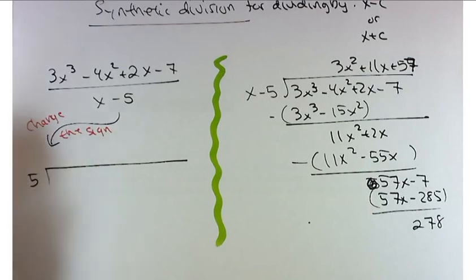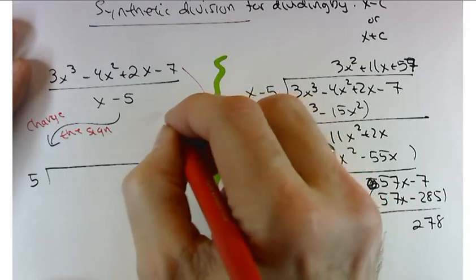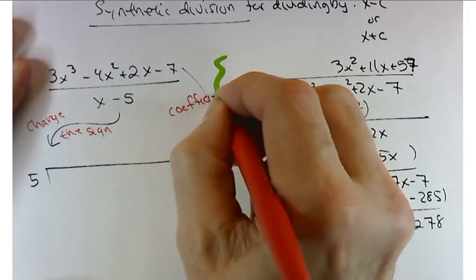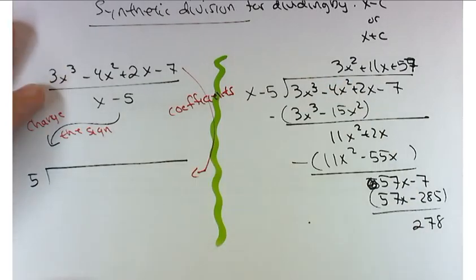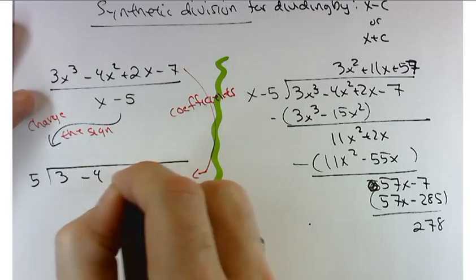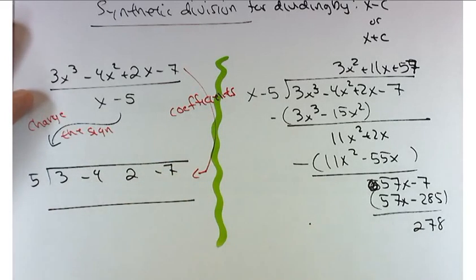And then I want the coefficients. So the coefficients of my polynomial are going to be 3, -4, 2, and -7. Draw a line, but leave yourself some space because we need to write some more numbers here.